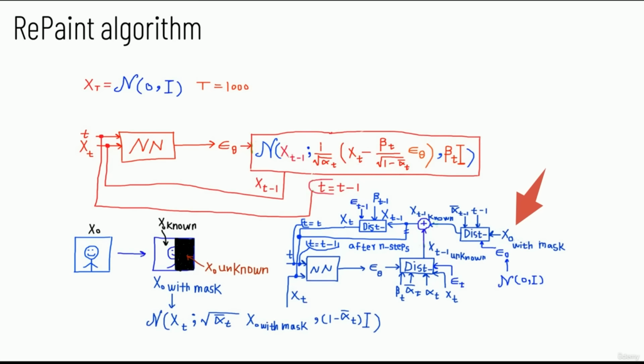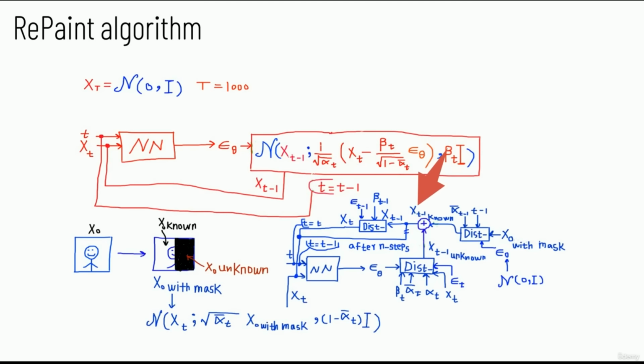We will use it with epsilon 0 that we will get from the standard Gaussian distribution, and the time step t minus 1 and alpha bar t minus 1 to create this distribution that will move us directly from x0 with mask to xt minus 1 with mask. We will take just the known part of xt minus 1, which is this area here, but after adding noise to move to time step t minus 1.